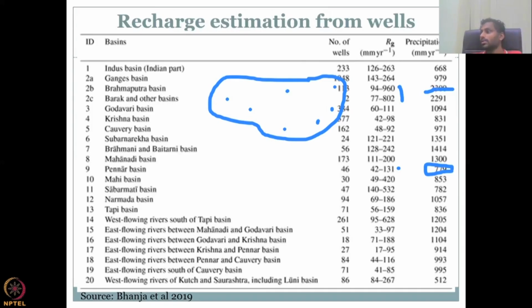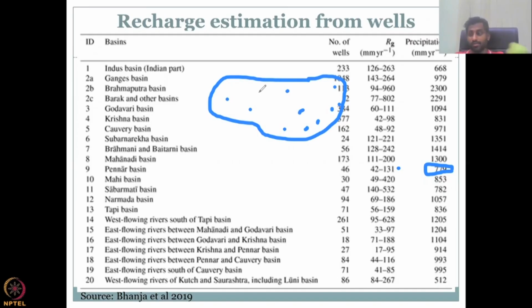Let me erase some of it. So you have multiple wells in different locations. The rainfall is not the same, but still, let's say on average, this is the rainfall. But there is a very important change in the groundwater recharge because of the location, aquifer type, and the slope, and the rainfall also differs.